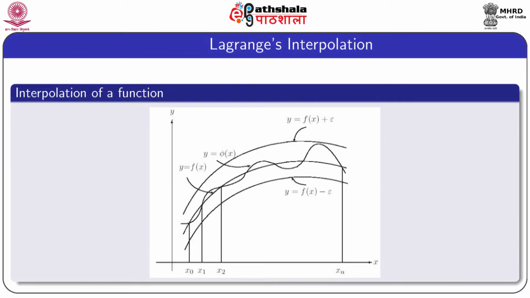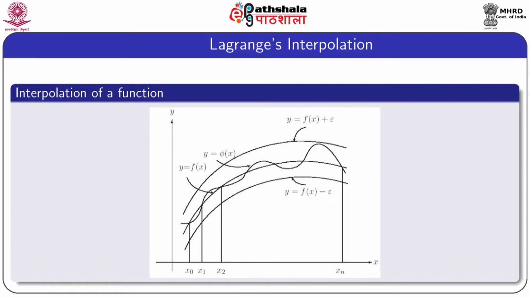This figure illustrates the above theorem, or the bounds of the interpolating polynomial. The medial curve represents the given function y equals f of x. The curved line represents the approximating polynomial y equals phi of x. The uppermost curve represents the upper bound of the polynomial as well as the function, and that is equal to f of x plus epsilon.